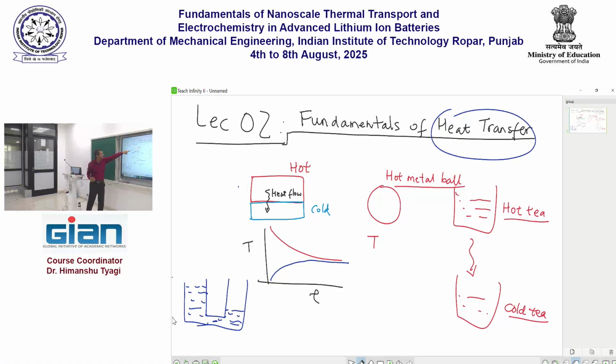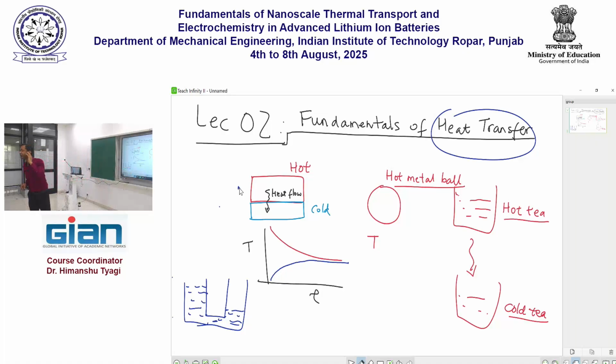The hot body that has a lot of heat will transfer its heat to the cold body that doesn't have a lot of heat until the energy content of the two become equal to each other. So you can see that the flow of heat and the flow of fluids are actually very similar to each other. In fact, we will learn that the equations that govern heat flow are actually very similar to the equations that govern the flow of fluids.